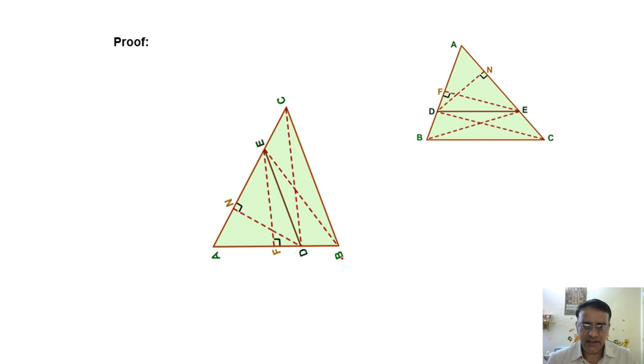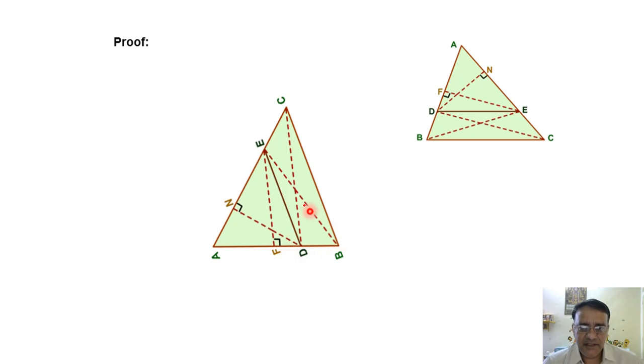So EF is the altitude of triangle ADE, this one, and AD is the base. ध्यान से देखो, ये वाला ट्राइंगल ले रहा हूं मैं ADE, and AD is the base and EF is the altitude. So half into base into height, half into AD into EF.